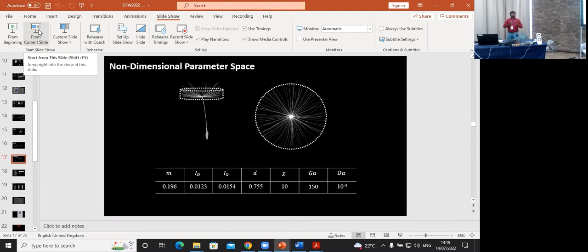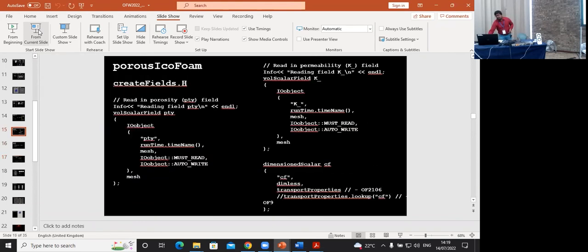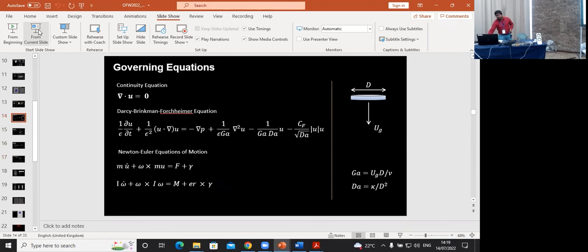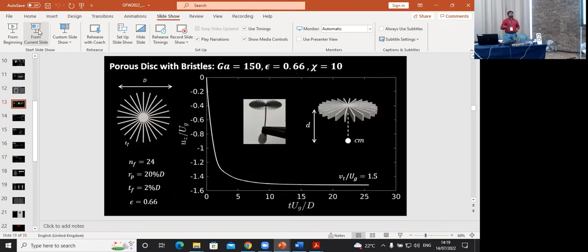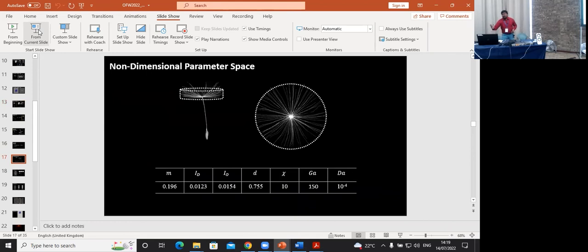I compare the flight dynamics of these two cases, and D is, as I have already given in the schematic, the distance of the center of mass from the pappus, small d, normalized by the diameter of the disk. Chi is the aspect ratio of the disk, diameter divided by the thickness, which is 10. And for the Galileo number, I consider 150, from a range of 50 to 150, which falls within the flight dynamics of a dandelion. And we consider a Darcy number of 10 to the power minus 4.